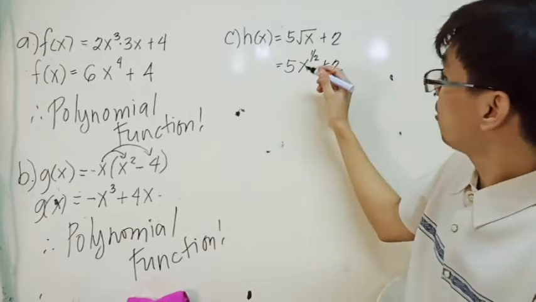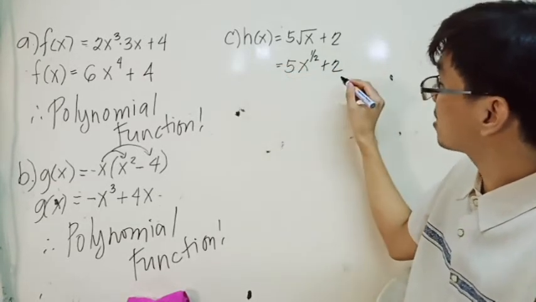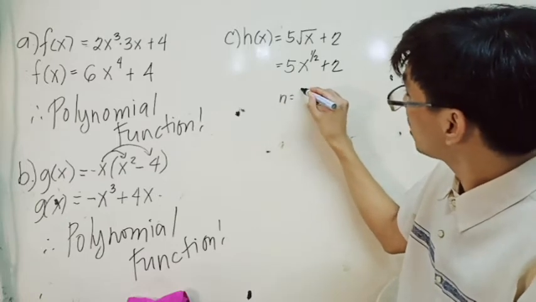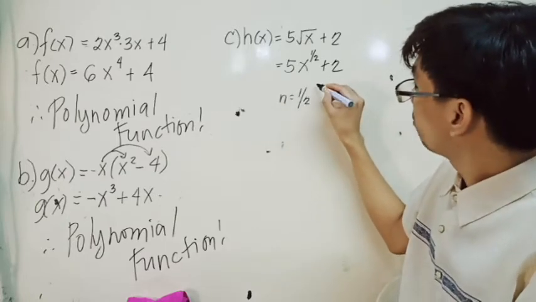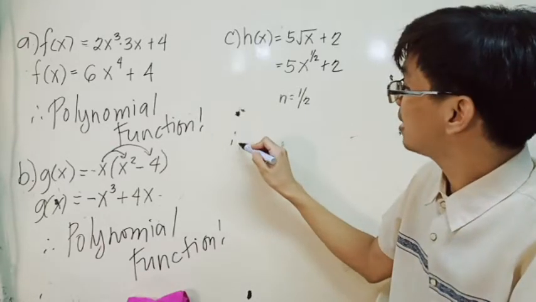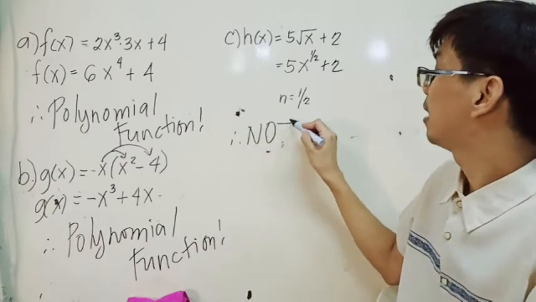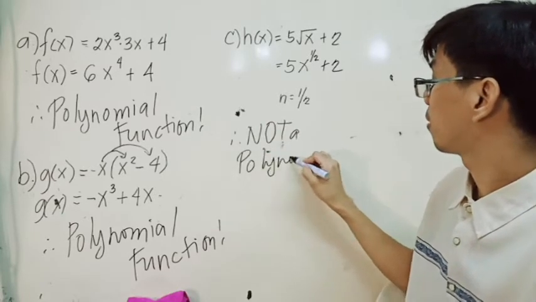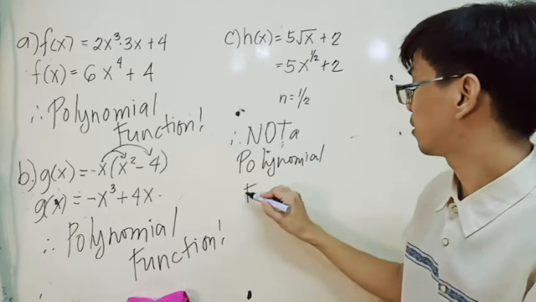Therefore, if you look at this, n now is equal to 1/2, which is not an integer. This is not a polynomial function.